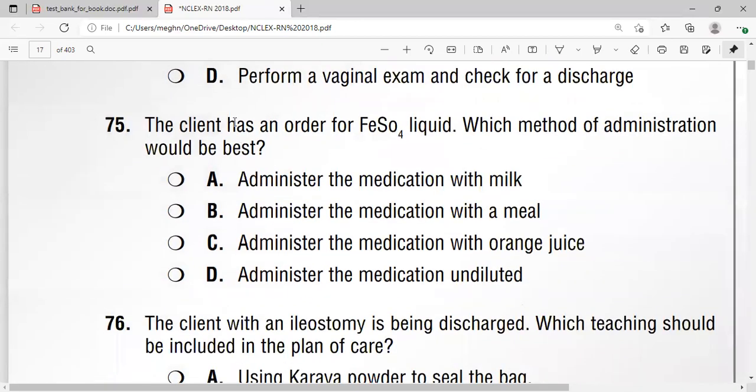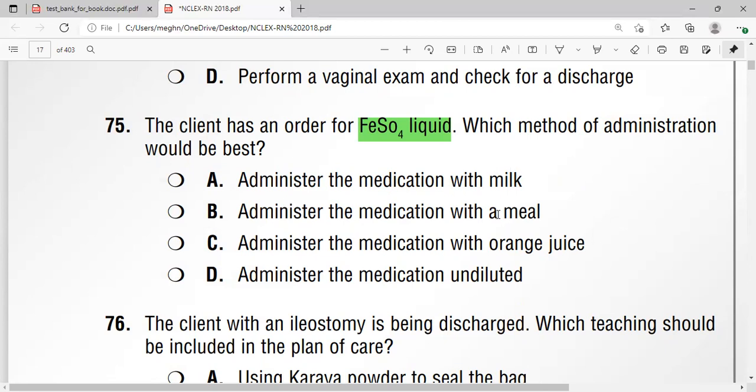Next, the client has an order for ferrous sulfate liquid, which is an iron preparation. Which method of administration would be the best? Number A, administer medication with milk.